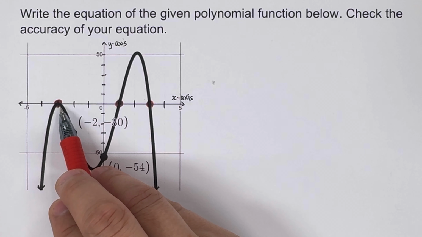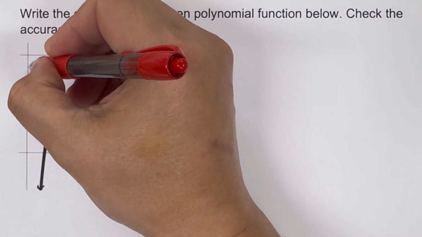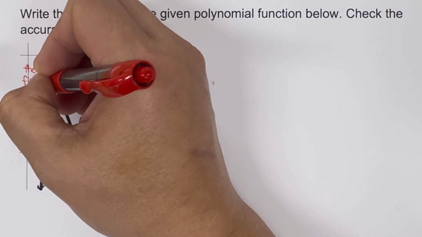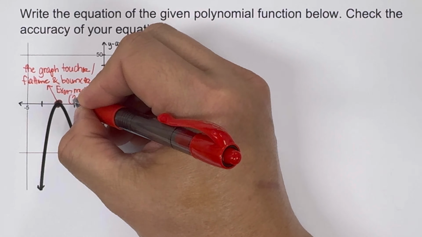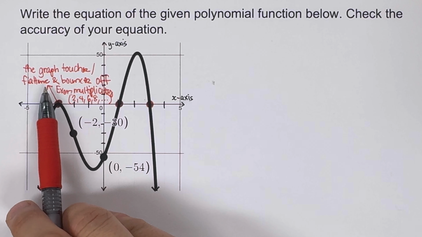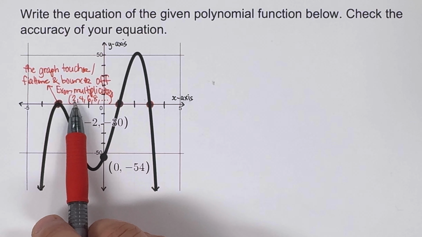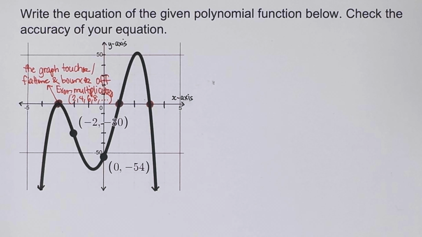So that would have an even multiplicity: 2, 4, 6, 8, 10, and so on. So I'm going to go ahead and write that description up here. So again, if the graph touches and flattens on that particular root, then there is an even multiplicity. So that means 2, 4, 6, 8.